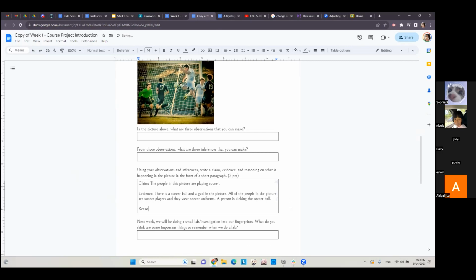So our reasoning, what would our reasoning be? How can we relate this evidence to our claim? How does it support our claim? How does our evidence support our claim? Does it not support the claim at all?